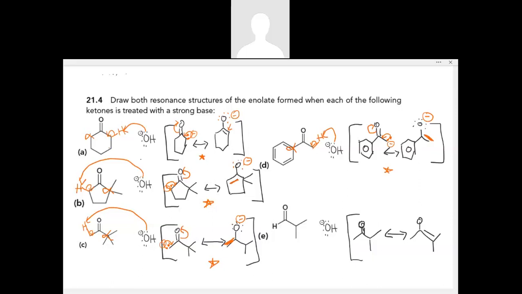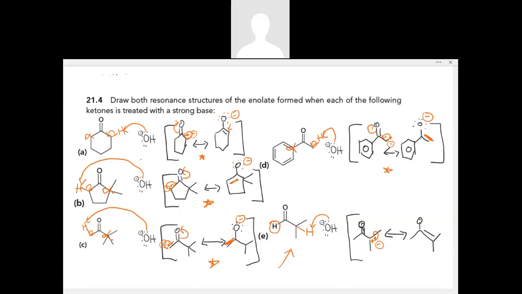Now, I mentioned early on that our last structure is an aldehyde instead of a ketone. We can't deprotonate this proton here on the left, so we'll have to choose the only one here that's on the right-hand side, so we'll grab that. That will generate a lone pair right here and a negative charge on that carbon that I just dotted in orange. So now we're going to move that lone pair.